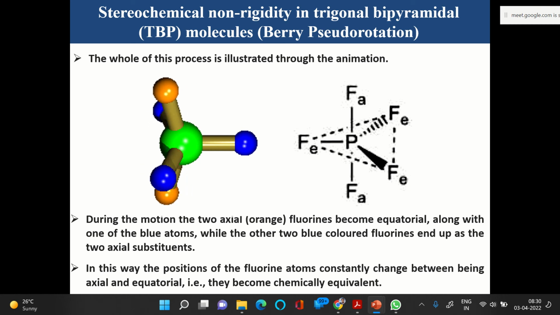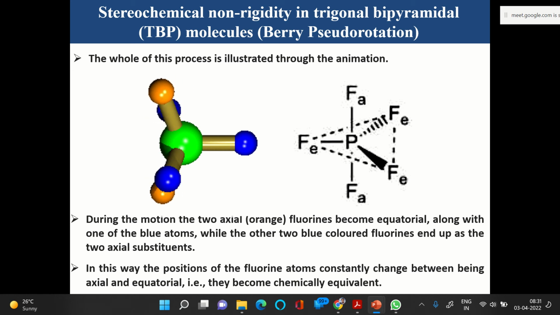You can see that something which was axial at the start of the motion is now gradually becoming equatorial, and because of this you do not see the distinction. So now you can think of a 19F NMR and you can tell me what it will look like.